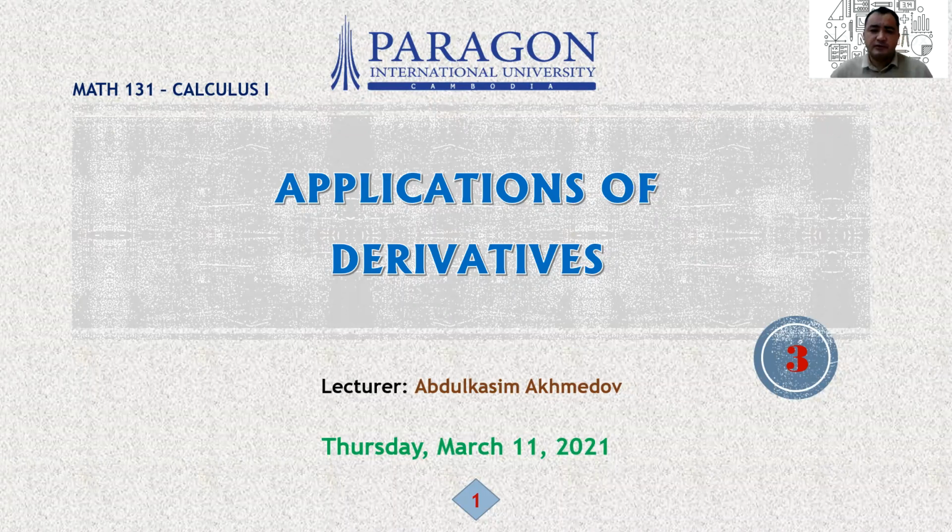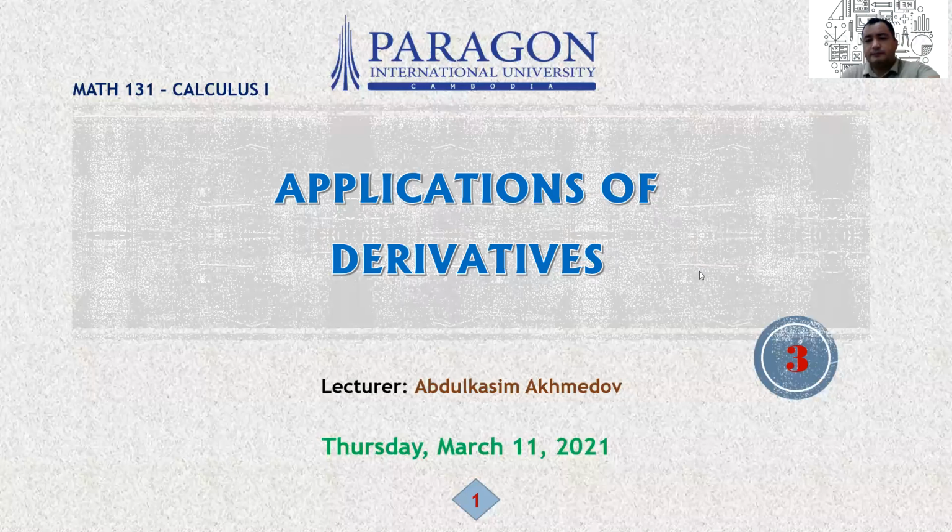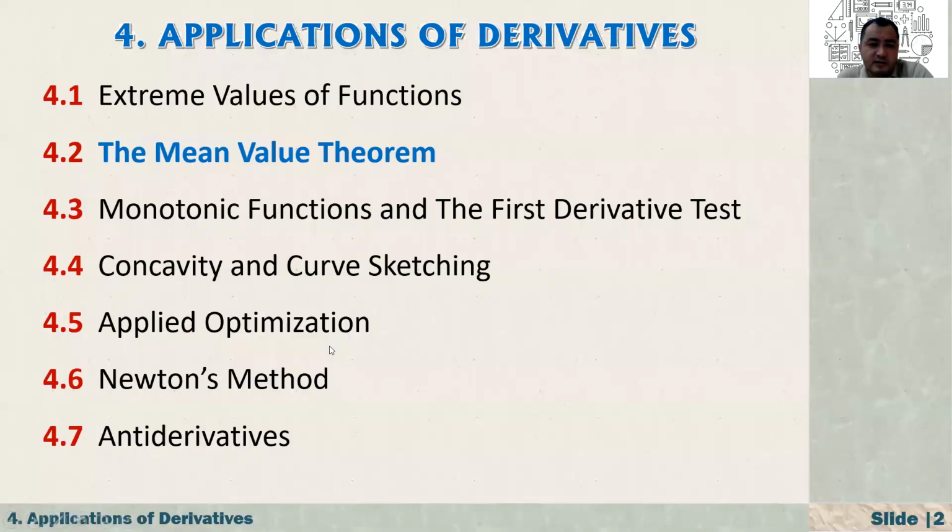Okay, guys, let's continue. As you know, we were talking about applications of derivatives, and last week we started with extreme values of functions, and what we did in 4.1. We learned that we had two important theorems there.